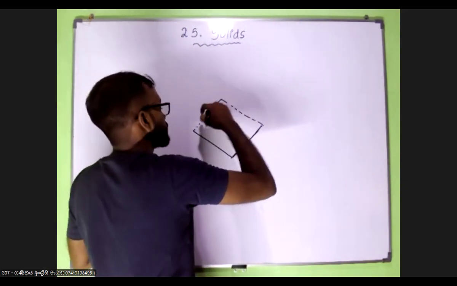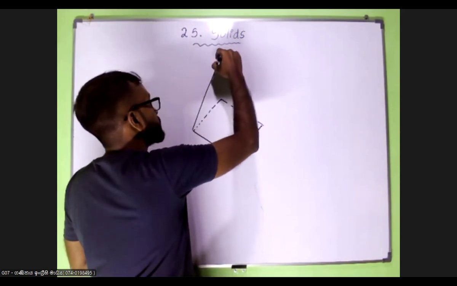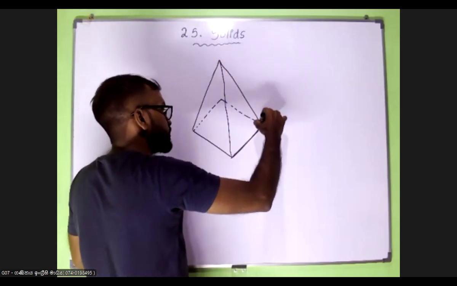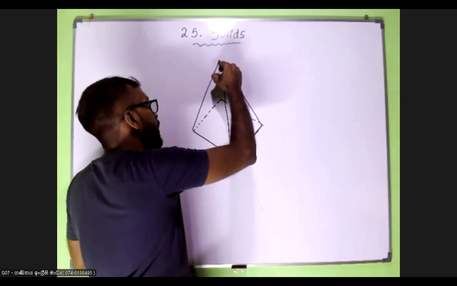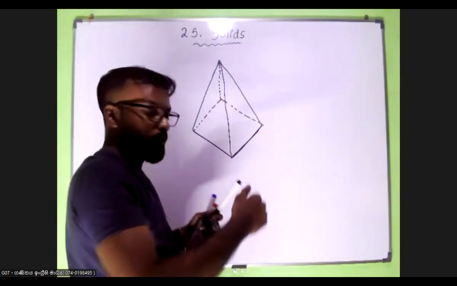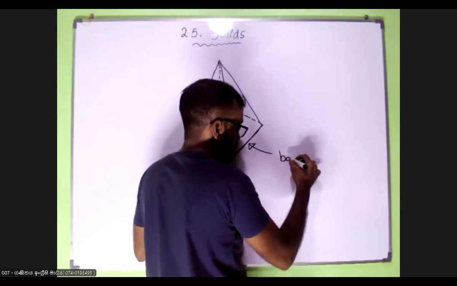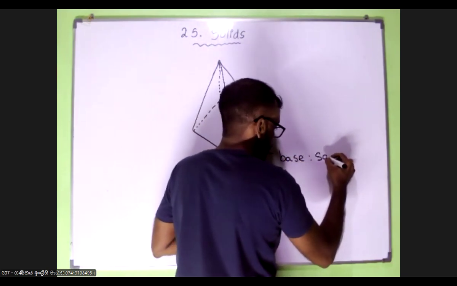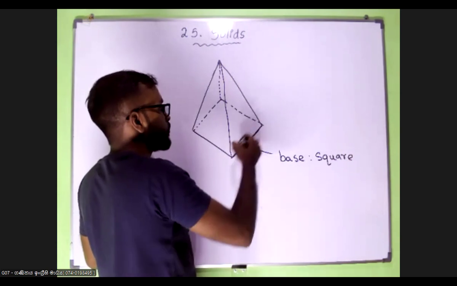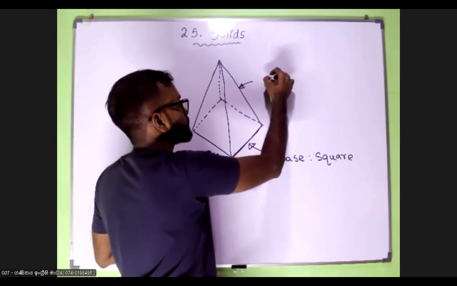Then on top of that, we have this. So below is a square base. Base is square. Foundation is a square. And these sides, there are 4 sides. That means we have 4 triangular faces.